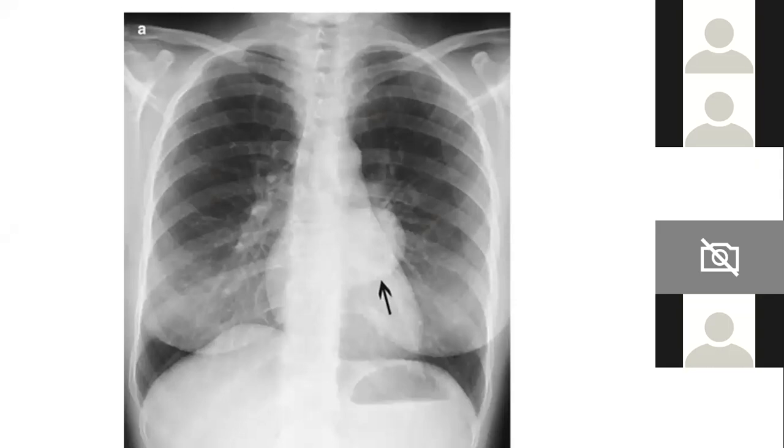So why posterior? Why not anything else? Someone says it's in the anterior. Why not anterior is because there is no silhouetting of the cardiac margin here. If there was silhouetting of the cardiac margin, it would have been anterior. Now it is not silhouetting the cardiac margin, so it is behind the heart.